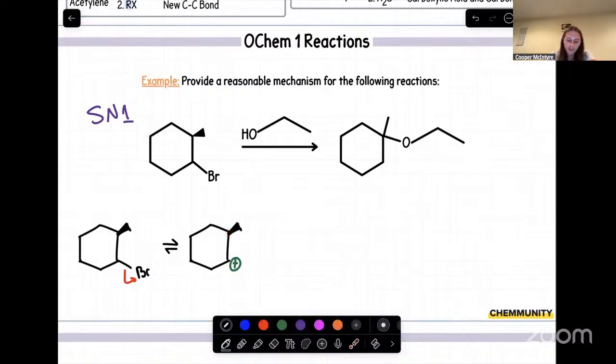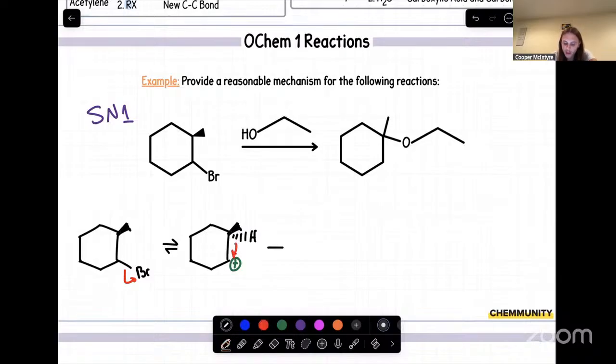So since we have a tertiary position, we'll go ahead and include that dashed hydrogen. And what will happen is we'll undergo a hydride shift. So the electrons between this carbon hydrogen bond will shift on over, which we'll go ahead and show. And we'll undergo a hydride shift.